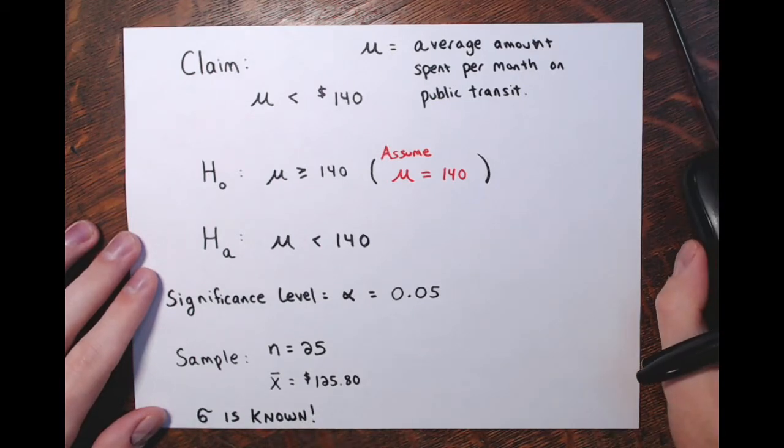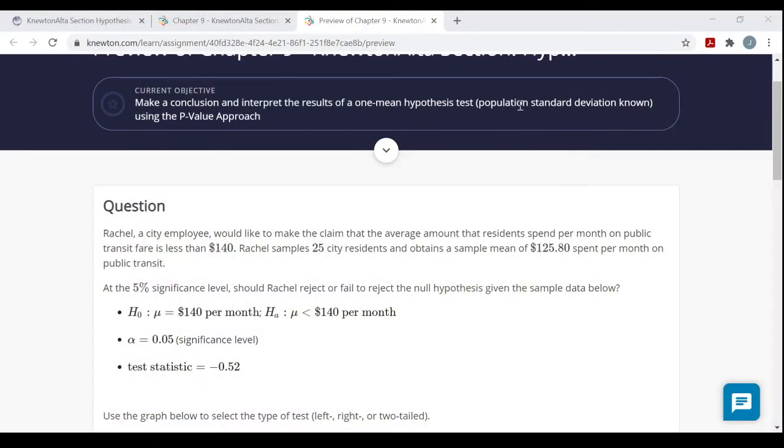Alright, back if you look again. This is with population standard deviation known, right, up in the title of the objective.